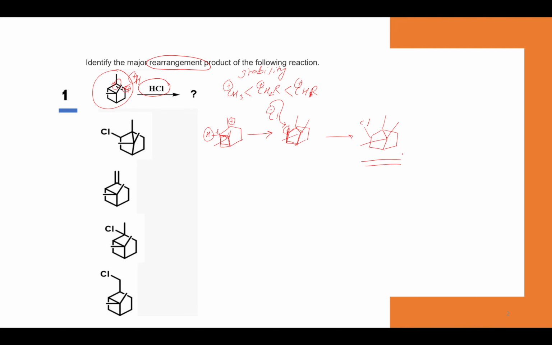Okay, this is the product you will get by this rearrangement. So among these 4 options, which is the correct answer? Now you can compare, and according to our mechanism, this is the correct answer. Okay. Now let's move to the next question.